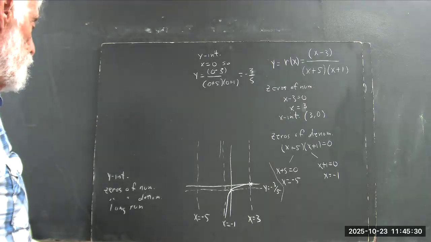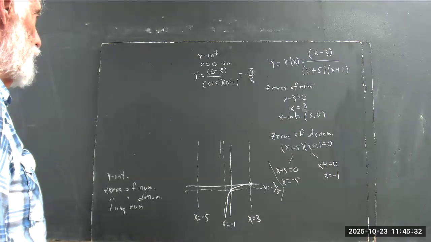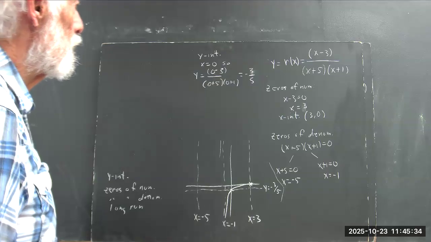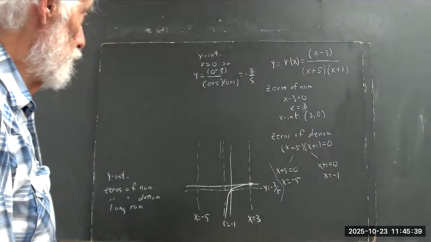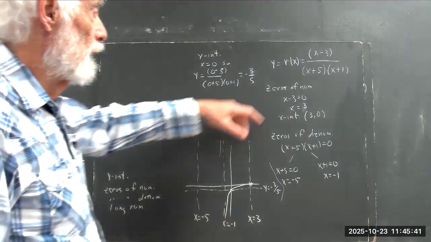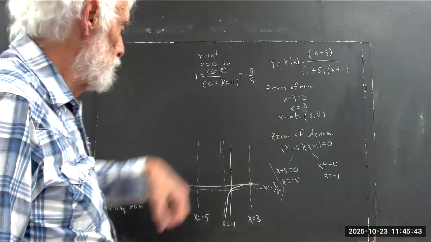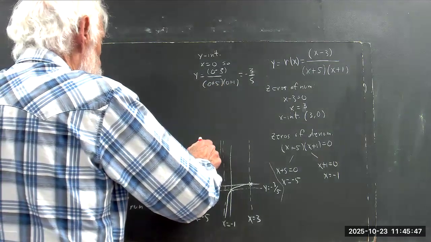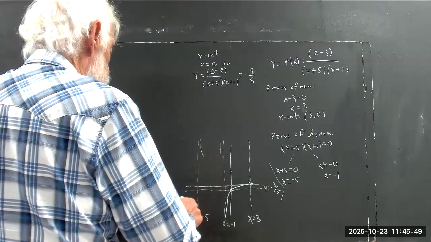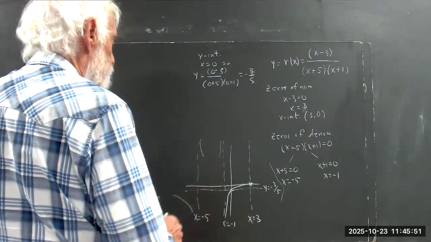Okay. Now at x equals -5, x minus 3 is -8, x plus 1 is -4. Should be like the graph of 2 over x plus 5. Meaning that the asymptote here is going to be like this on this side and like this over here.